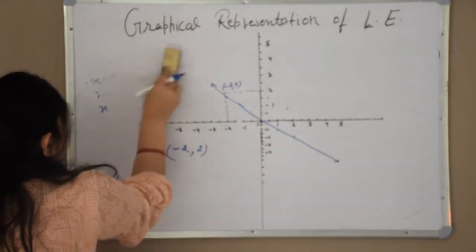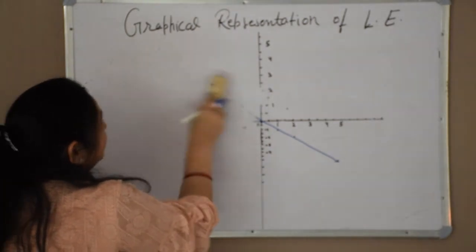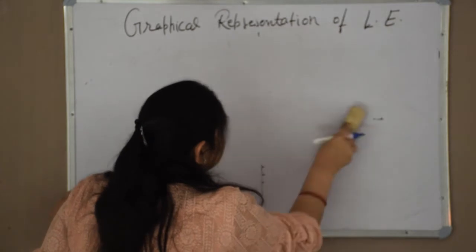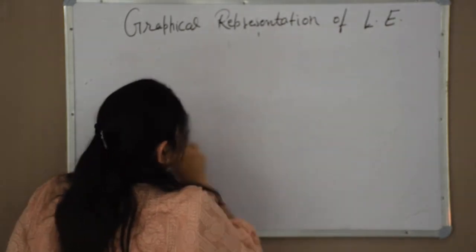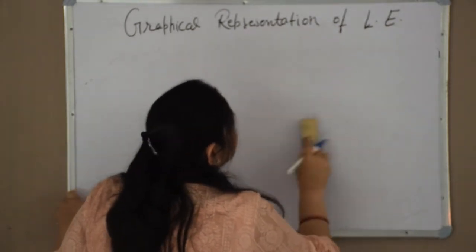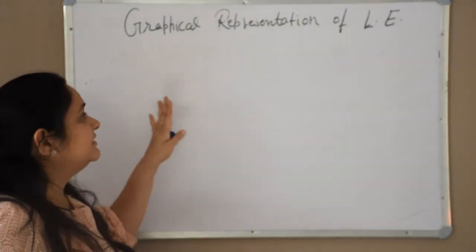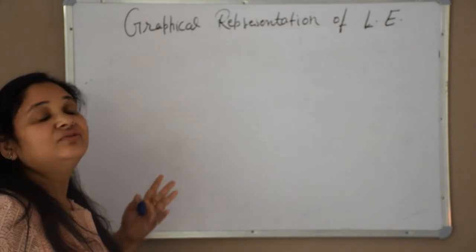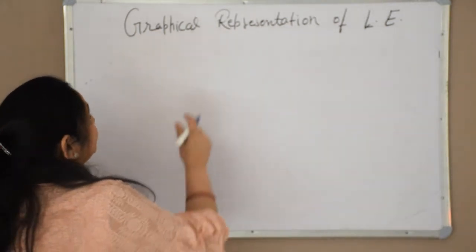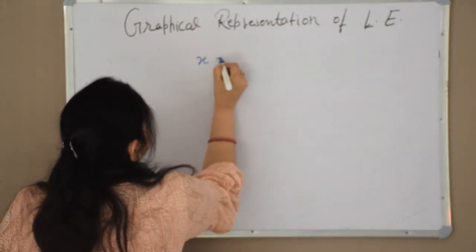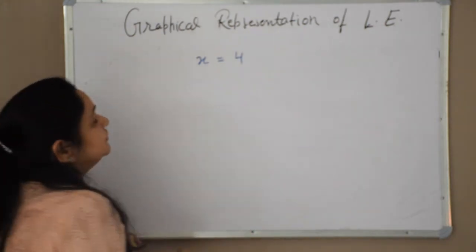Now our next thing is, when you have learnt how we can represent any equation on the graph, now it is very easy to see how we can represent a linear equation in one variable on the graph. Suppose I have to represent x is equal to 4.